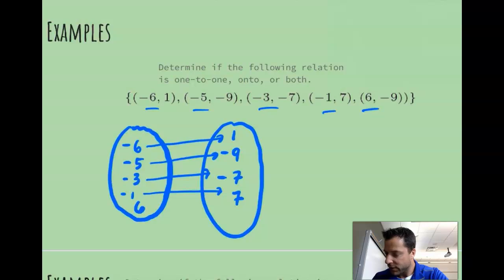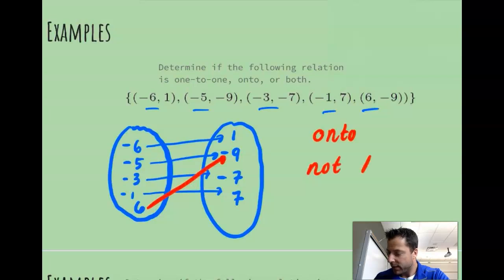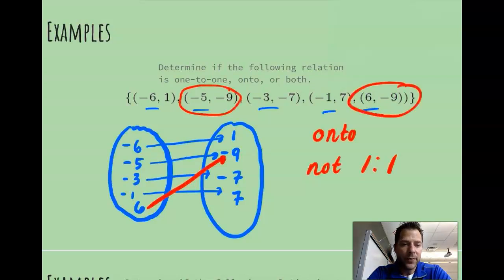And I'll change colors here. Now each one of these has a buddy, right? All of these have a buddy in our range. So this function is onto. However, it's not one-to-one. And the suspect is right here. The -9, there's a repeated y value. That's a problem.